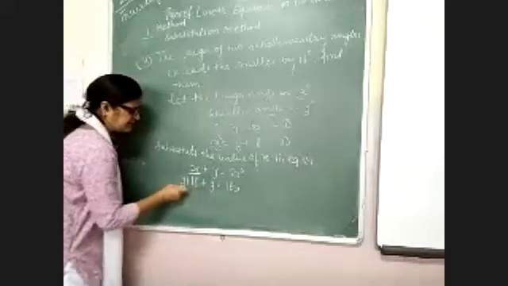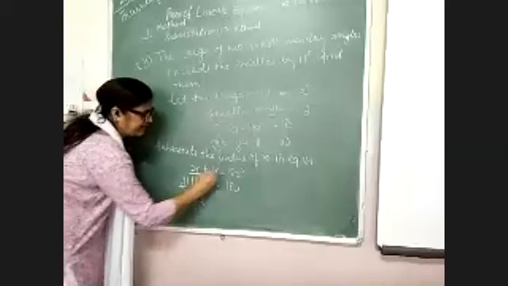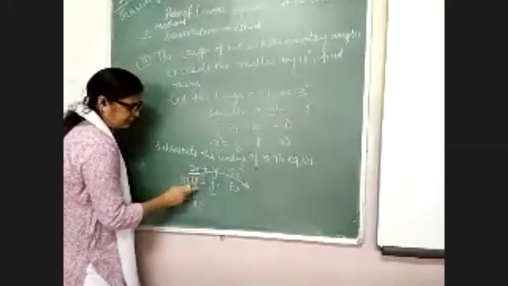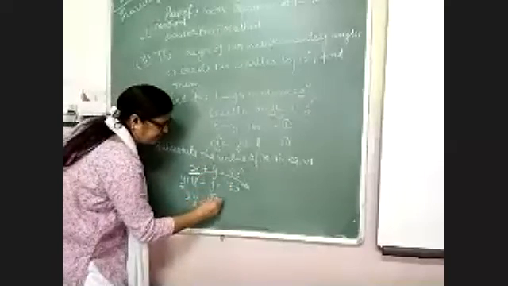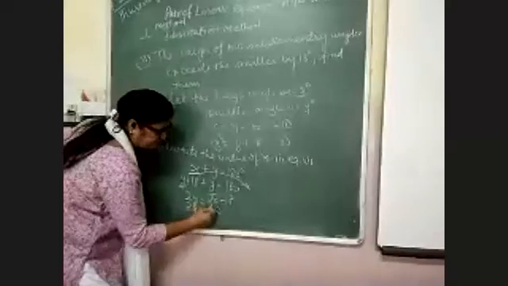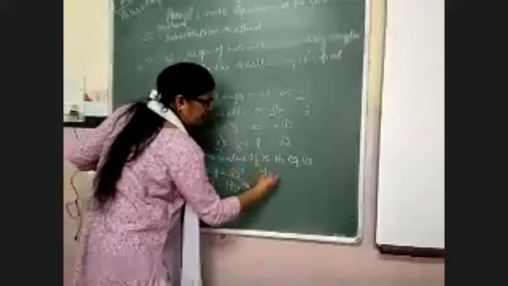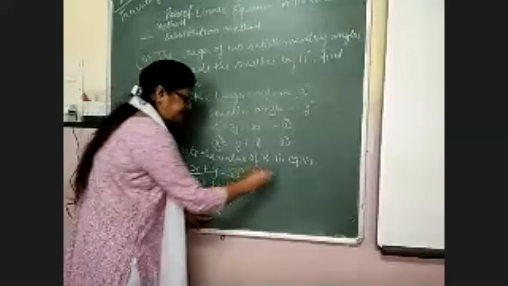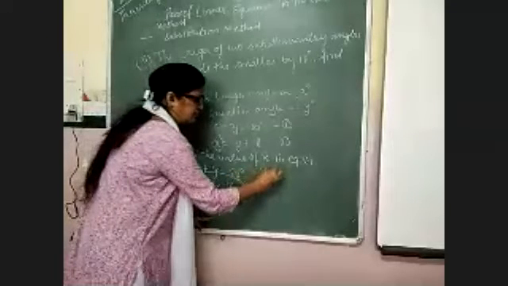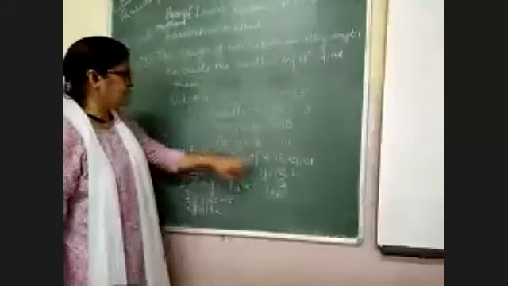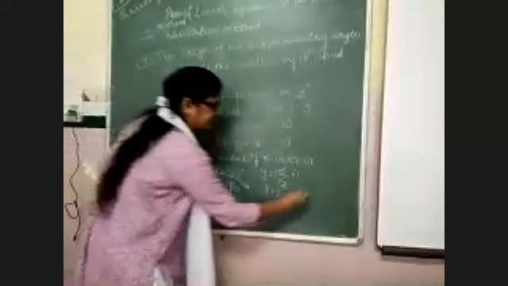Then y plus y is equal to 2y, and the 18 is taken from the left hand side to the right hand side, 180 minus 18, which is equal to 162. Then 2 shifted to the right hand side, 162 divided by 2 is 81.